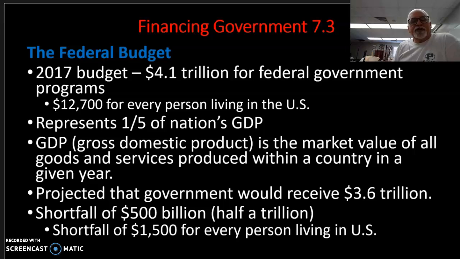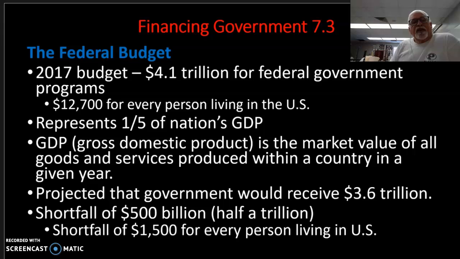Well, the federal budget is huge. In 2017, it was $4.1 trillion. That's $12,700 for every person living in the United States, and that represents 1/5 of the nation's gross domestic product, which is the market value of all goods and services produced within the United States within a year.